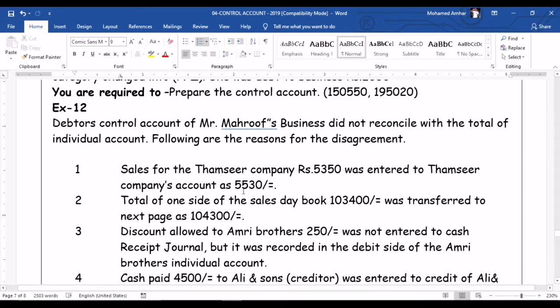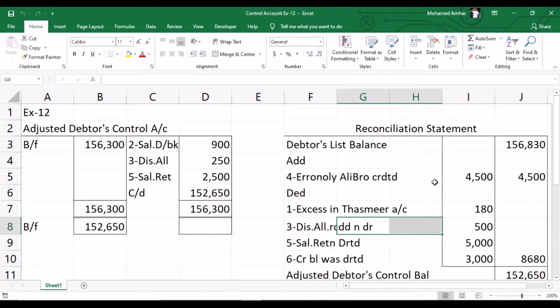So in Tamsir company's individual account, the debit side has 180 more. Thereby the final balance of the Tamsir company is 180 more, so the list balance is also 180 more. So now you have to deduct 180 from the list balance.